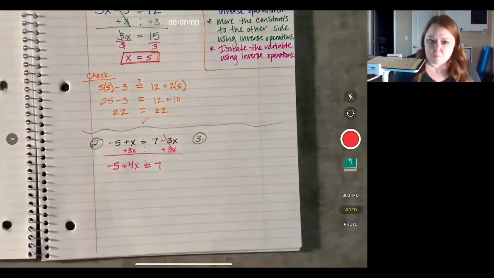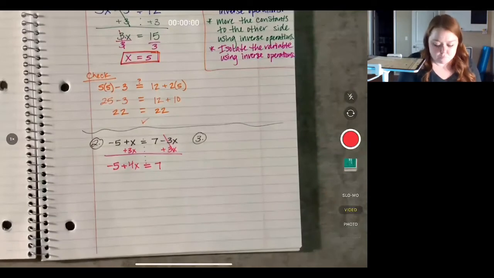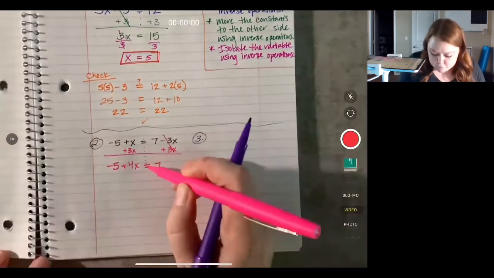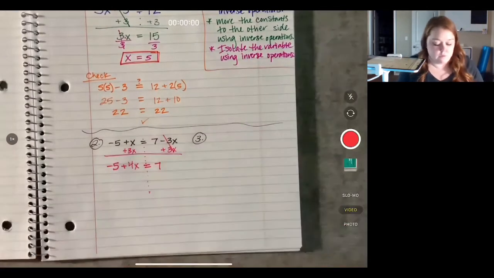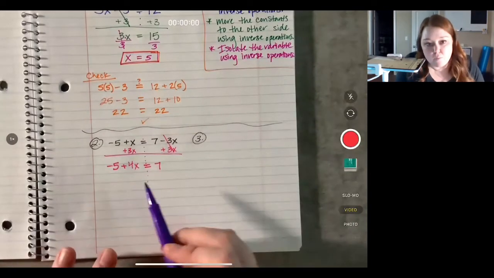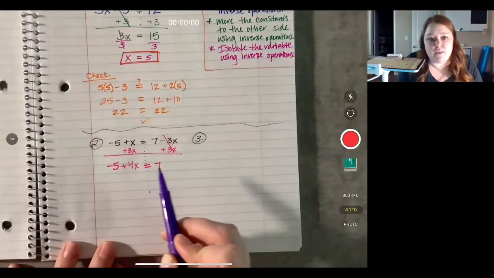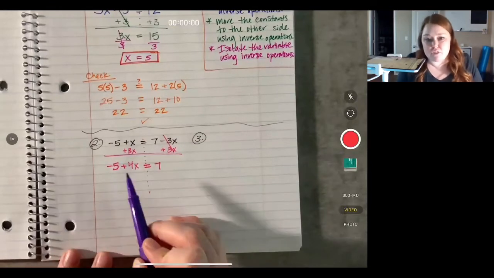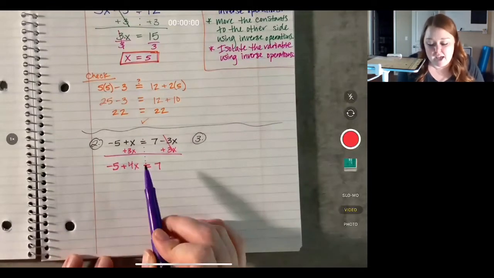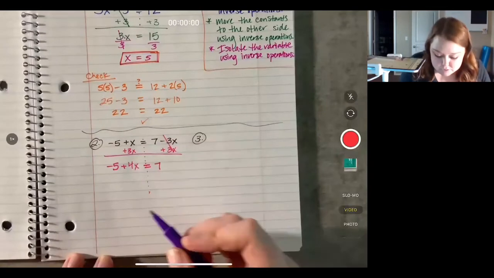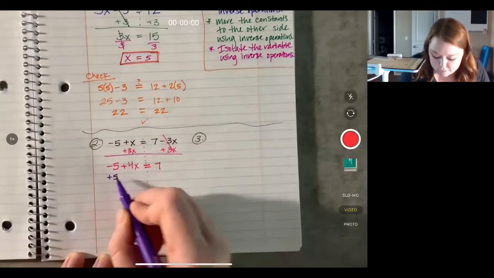This looks like a typical equation to us, right? So we're going to extend this down a little bit, keep things organized. I want to move this constant of negative 5 to the other side, but if I'm going to move something to the other side of the equation, I have to be using inverse operations. Since it's a negative 5, I'm going to add 5.